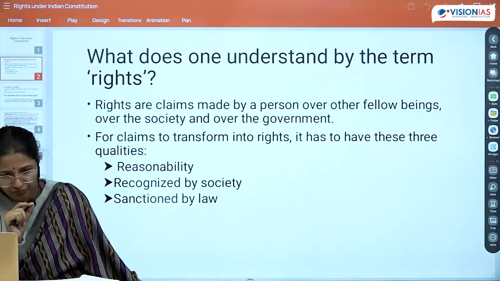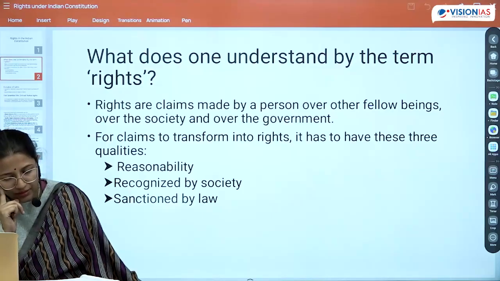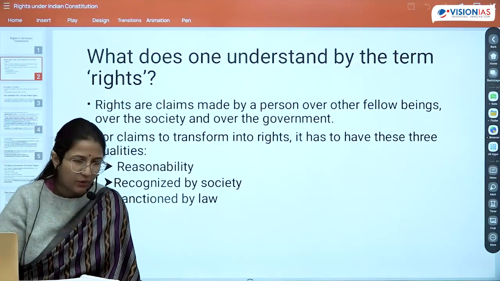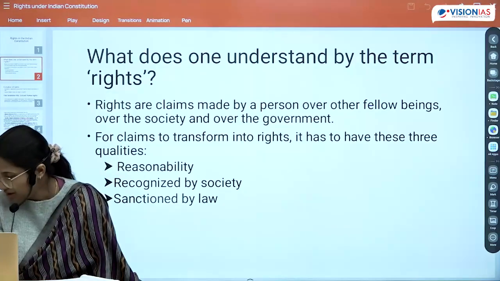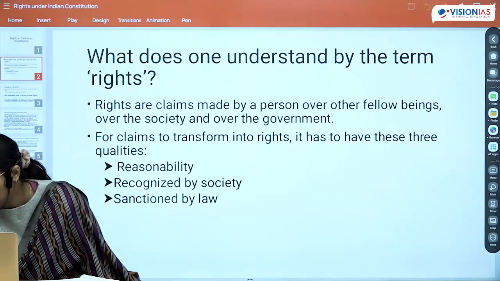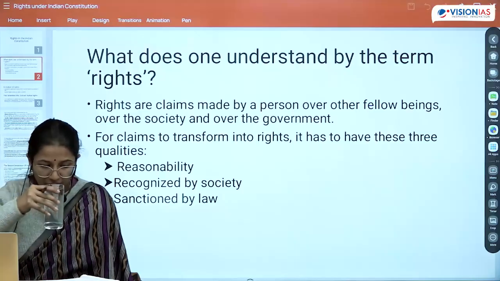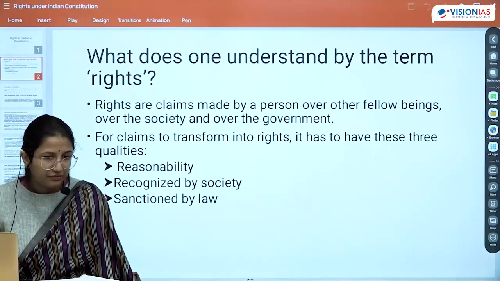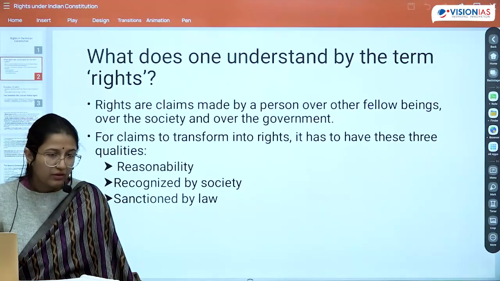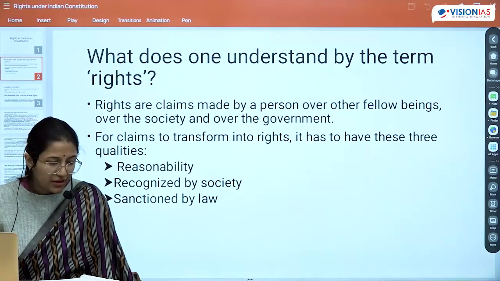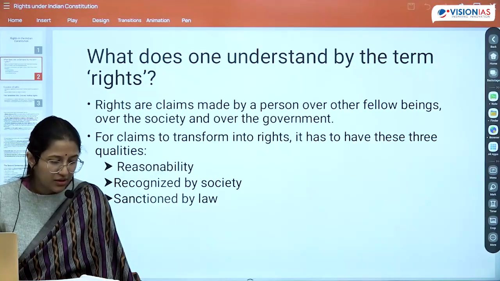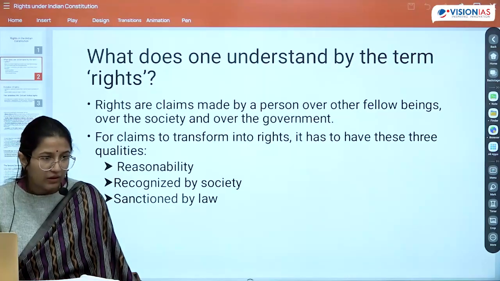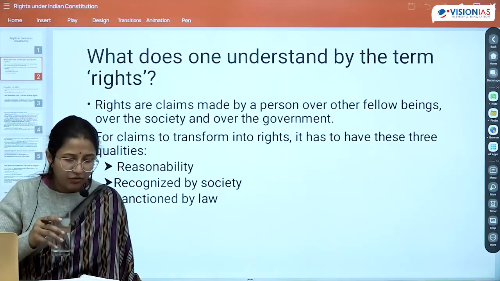Write down, put a hyphen, when the claims recognized by the society are written into law, they acquire real force.